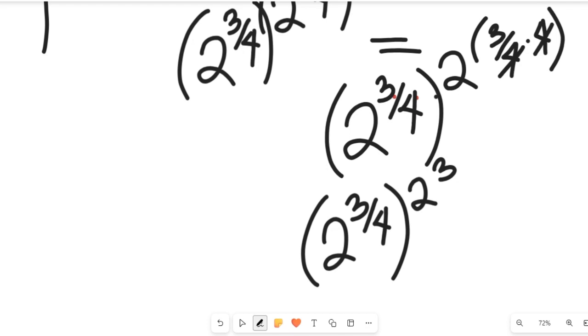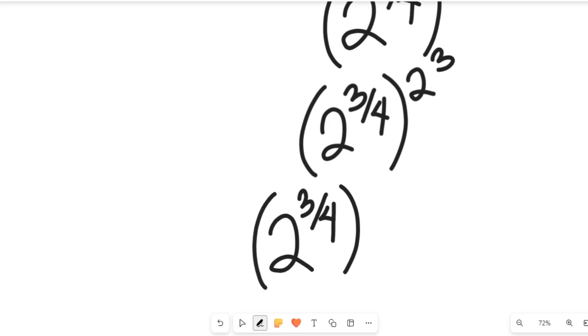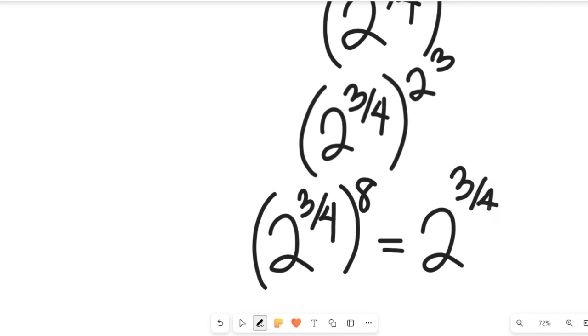Remember, 2 to the power of 3 is 2 times 2 times 2, which is 8. So we'll have 2 to the power of 3 divided by 4, all to the power of 8. And this will be equal to 2 to the power of 3 divided by 4 multiplied by 8. So the 4 here will give us 1, and 8 divided by 4 gives us 2.